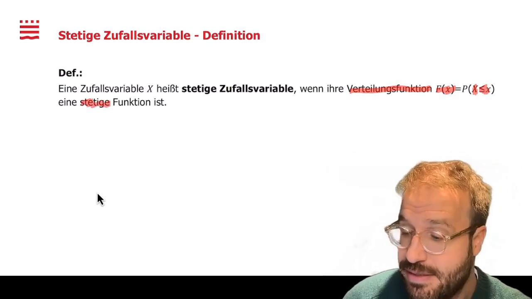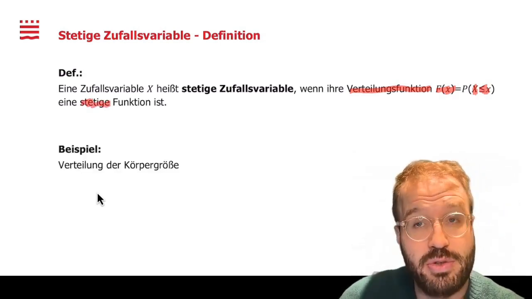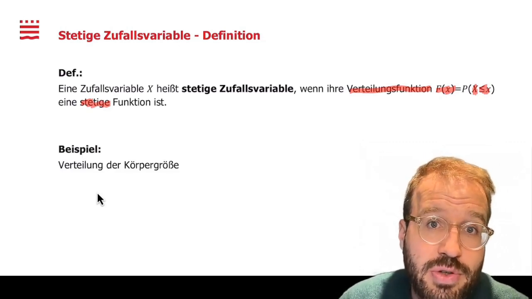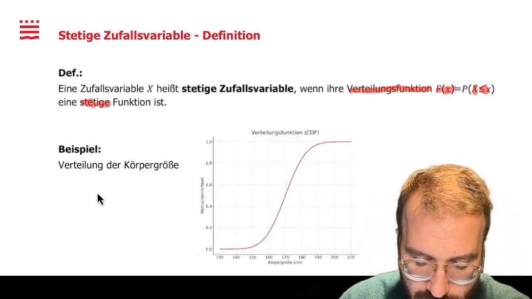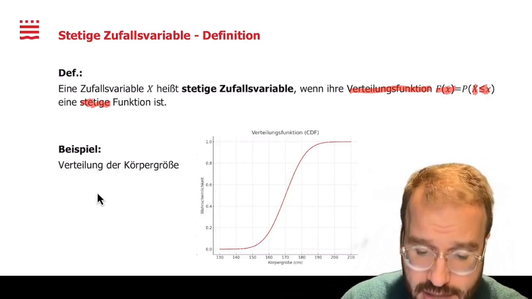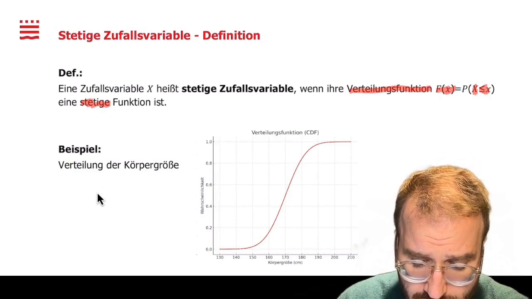The example is height, and we also want to take a closer look at the difference between continuous and non-continuous distribution functions. Height, in general, looks approximately like this. So, what do we see here now? We see the distribution function of height here.